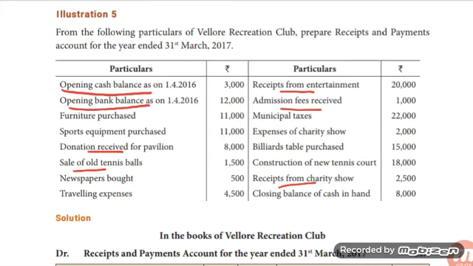Next, by construction of new tennis court 18,000. Now we have entered all payments. Next, closing balance. Closing cash balance is given in the question. Enter on the credit side as by balance carried down. Next line cash, write the amount in the outer column 8,000.